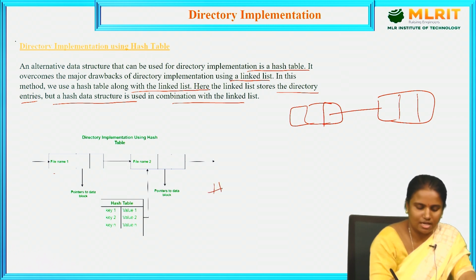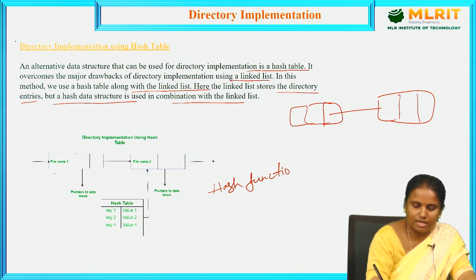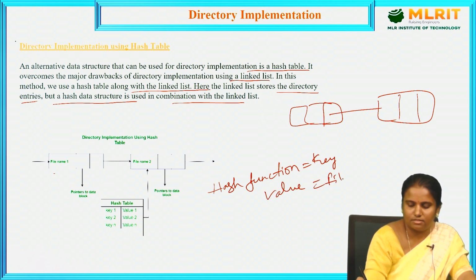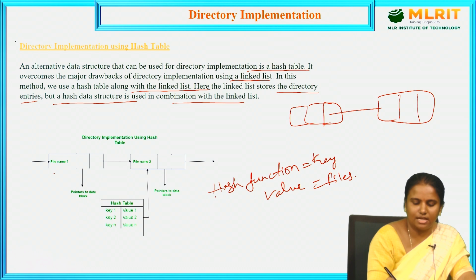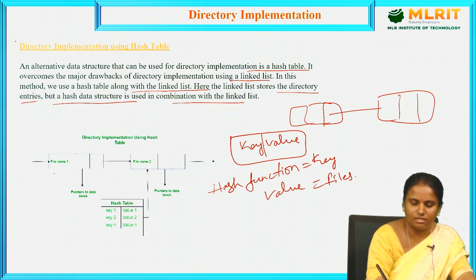The hash function is the key, and the values are nothing but files. So it is a key-value pair. This is how the hash function works.